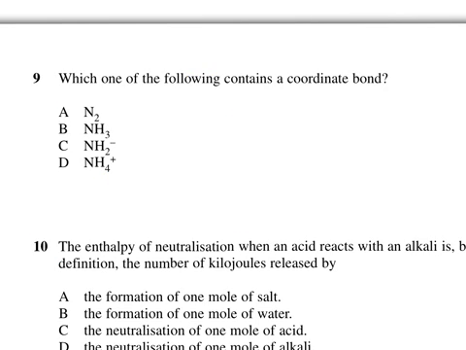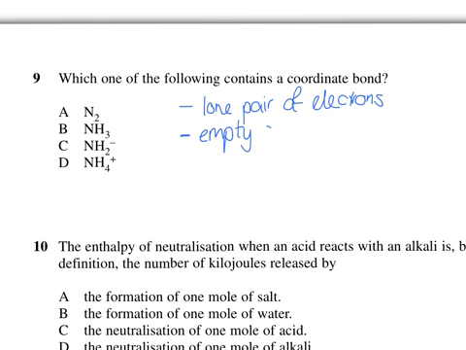Question 9 asks us to identify the molecule which contains a coordinate bond. So you need to think to yourself, what do we need to form a coordinate bond? We need a lone pair of electrons on one molecule that is able to donate, and then we need an empty orbital on the other molecule that is able to accept the lone pair.